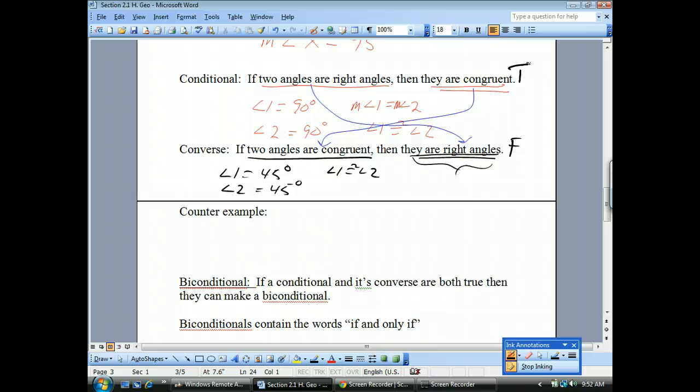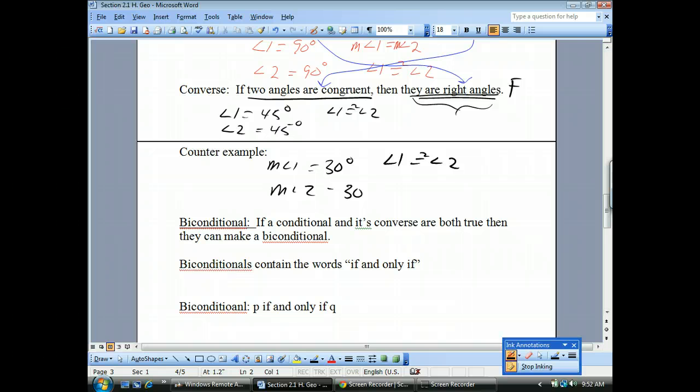So I gave you here a counterexample. So could you give me another counterexample where angle 1 and angle 2 are congruent, but they are not right angles? Well, the measure of angle 1 could be 30 degrees, and the measure of angle 2 could be 30 degrees. Angle 1 is congruent to angle 2, but angle 1 and angle 2 are not right angles.